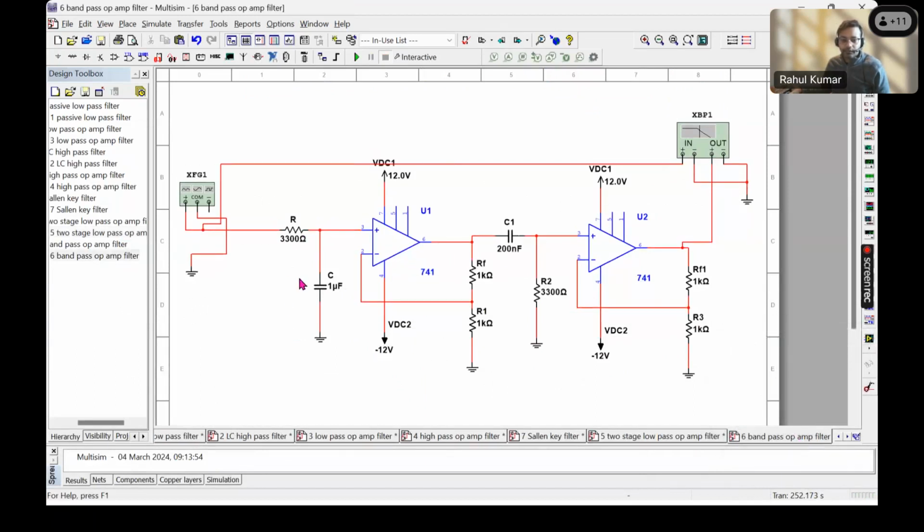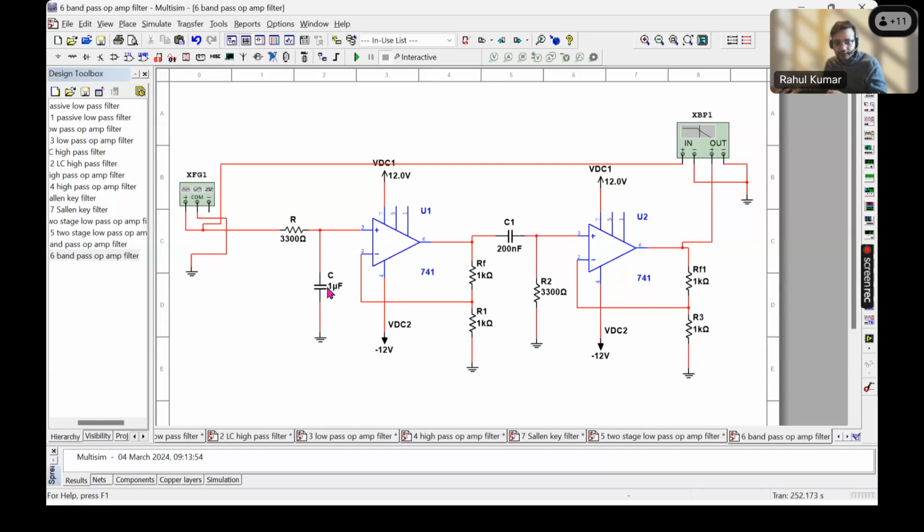If you look at the circuit, it's quite similar. The only difference is, if you see it carefully, here you have an RC, right? You are taking the output from here and connecting it to the op-amp. You are measuring the voltage across the capacitor.